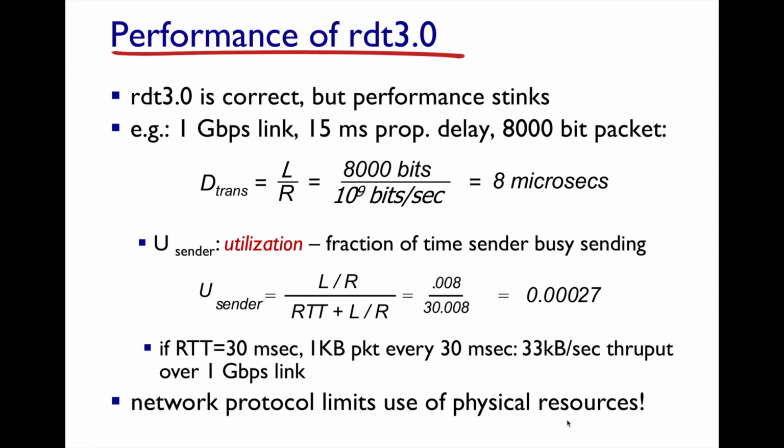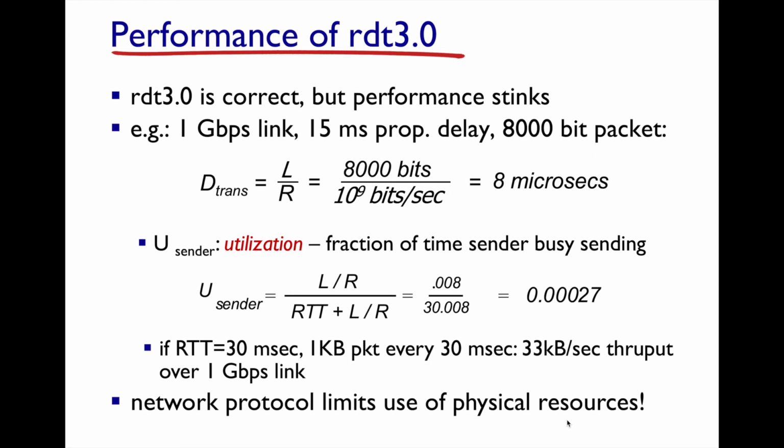So in total, even though it takes you 8 microseconds to transmit this data, in addition to transmitting this data, it has to propagate down the wire from the sender to the receiver, and then the ACK has to propagate back across the wire from the receiver back to the sender. So the total time that you spend communicating is the round trip time plus the transmission time.